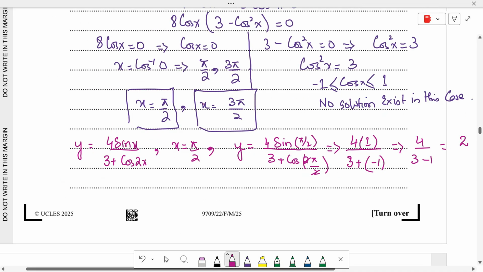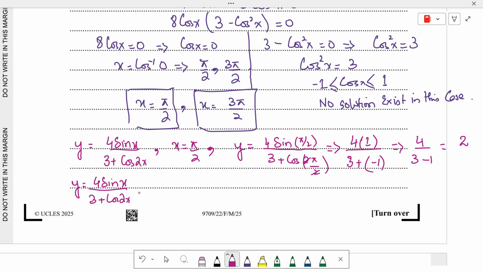Now we plug the second x coordinate. So y is equal to 4 sine of x over 3 plus cos of 2x, and when we plug x equal to 3 pi by 2, y will equal 4 times sine of 3 pi by 2 over 3 plus cos of 2 times 3 pi by 2.